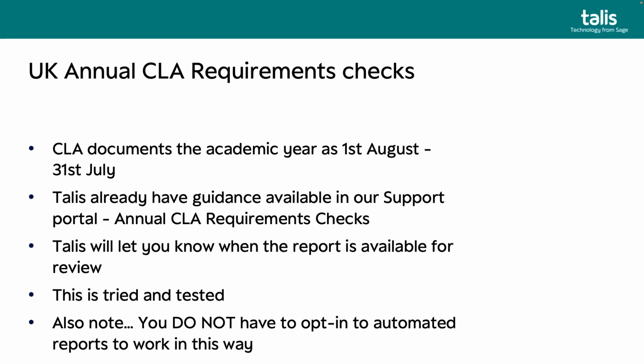Not necessarily. You could run the checks in August and then do your rollover. And at that point, we're still going to be doing similar checks to the CLA checks anyway. So anything that the CLA check picked up as being a problem is also going to be a problem with any scans you raise after that. But this is a process that we have to run as a mandatory thing every year.